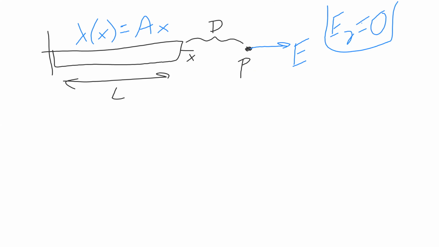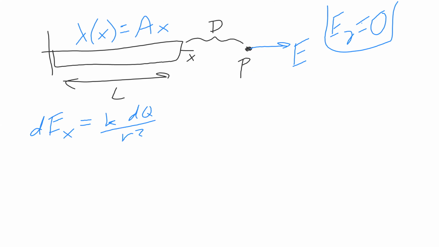And so I just need to solve my E sub x integral. Okay, so let's go ahead and write down the E sub x integral. We have dE sub x is equal to k dq over r squared, and then we have cosine of theta. But what is the cosine of theta here?